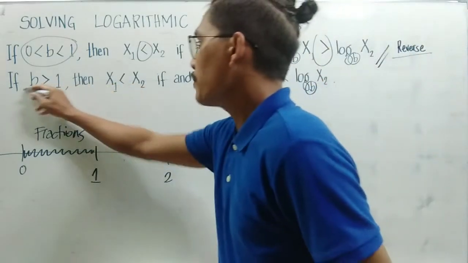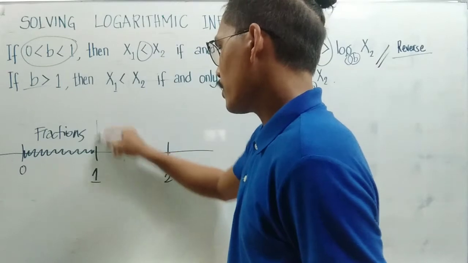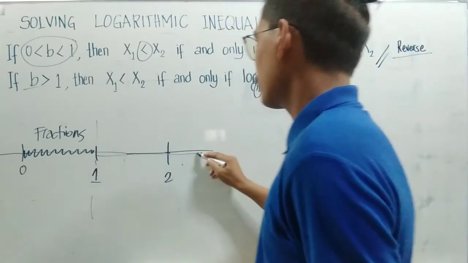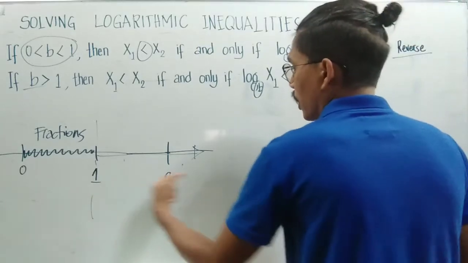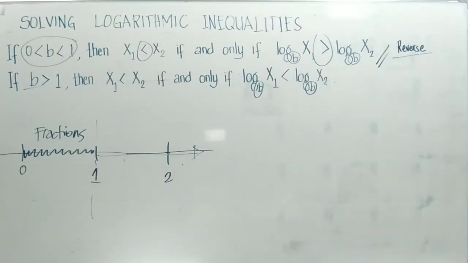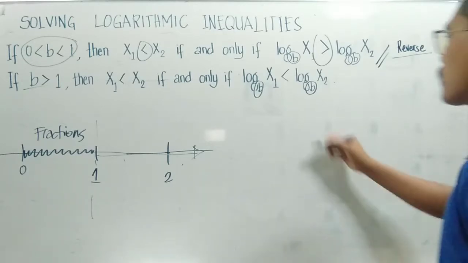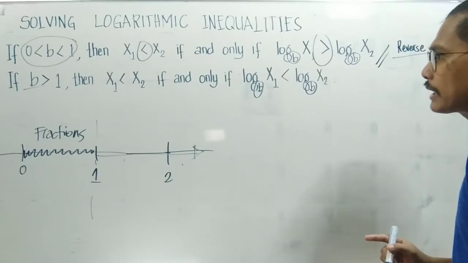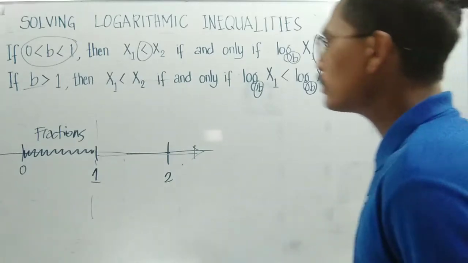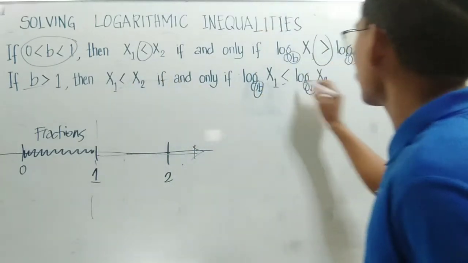So if you can notice, b is greater than 1, so this is 1. So we are now dealing with numbers that are greater than 1. So I know you're familiar with numbers greater than 1. So in this case, most probably we will be dealing with whole numbers greater than 1, and the symbol is retained.